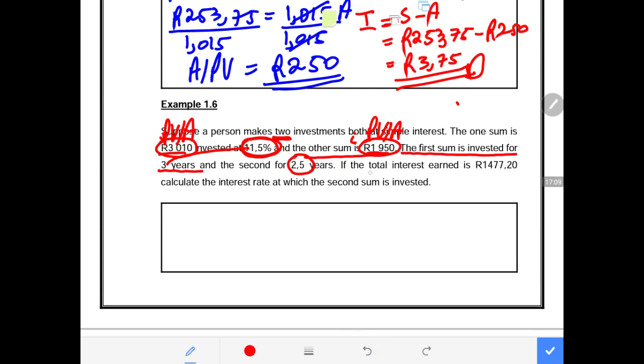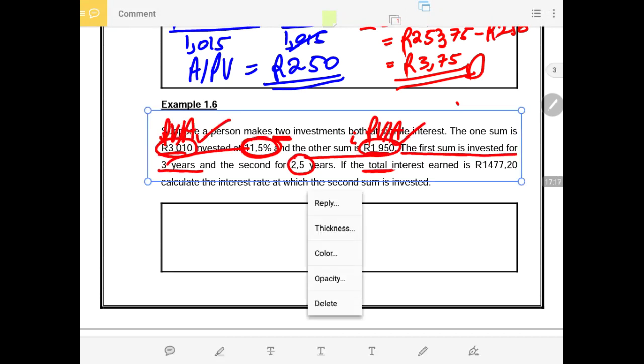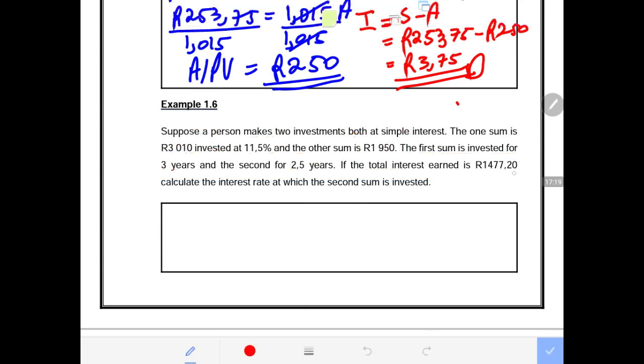Take note, that means the interest earned on investment number 1 and on investment number 2, in total, is 1,477 rand 20 cents. Then we are required to calculate the interest rate at which the second sum was invested.